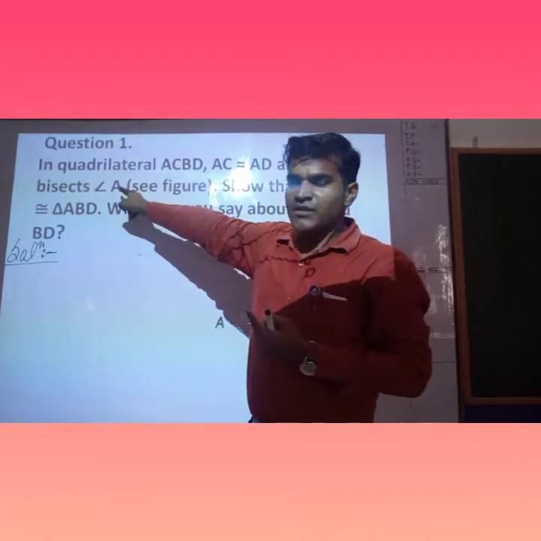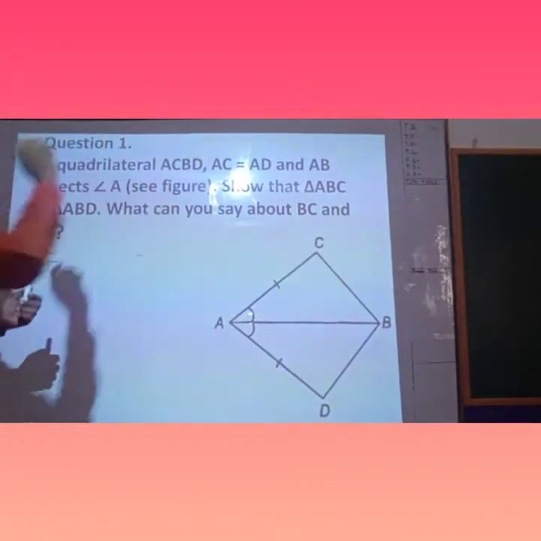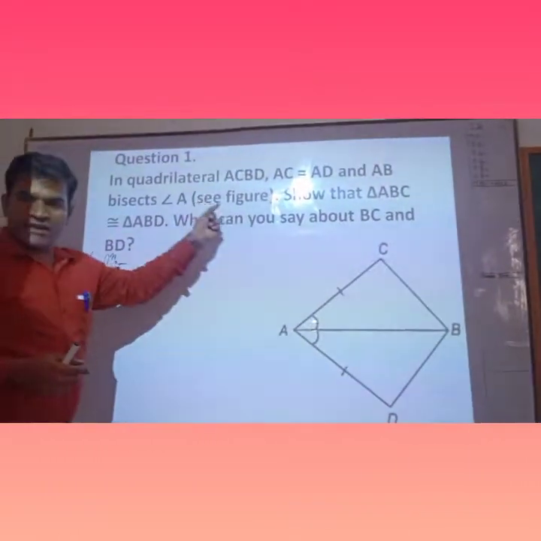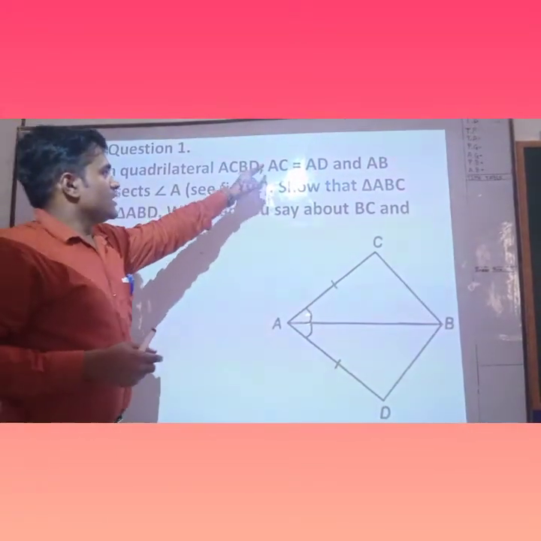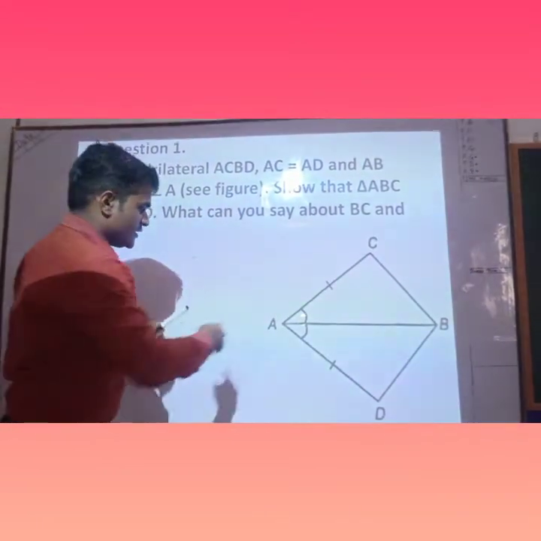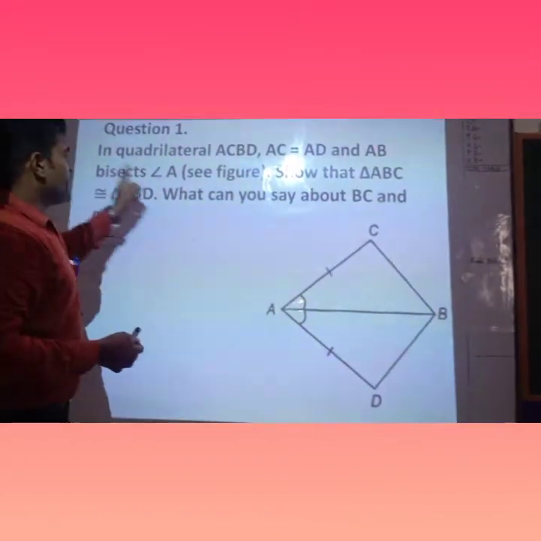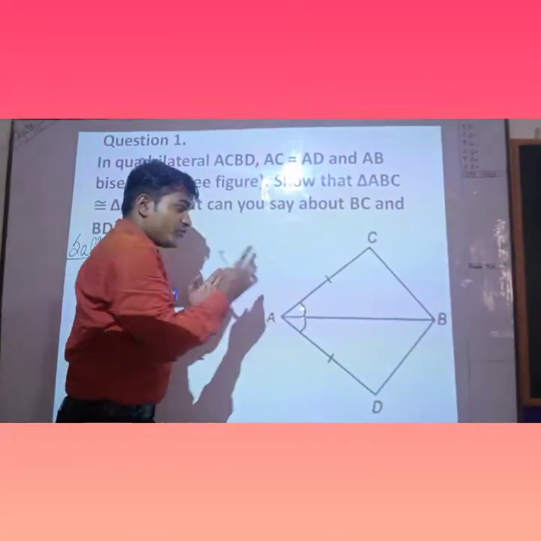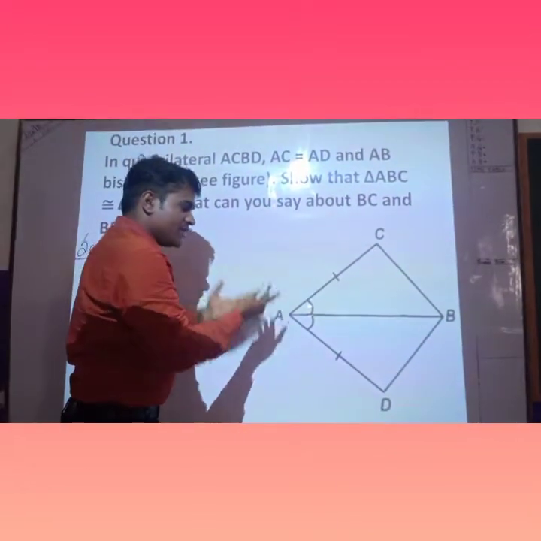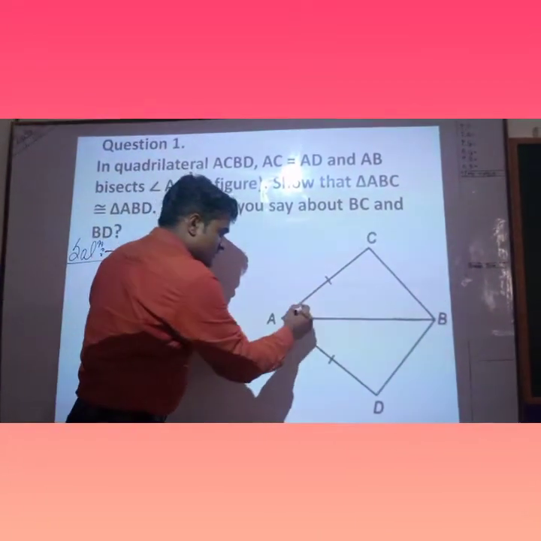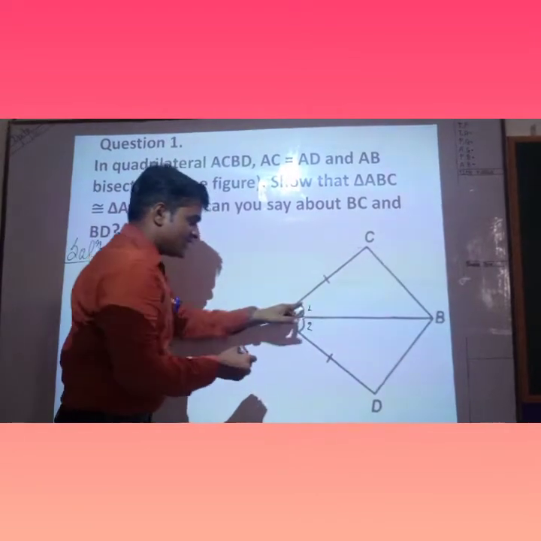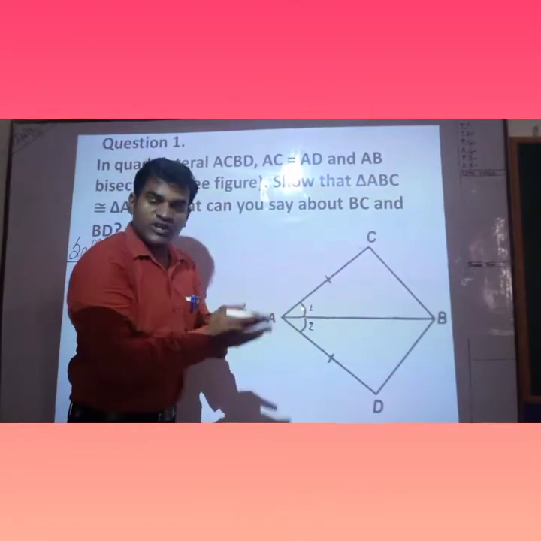Question number 1 is given in a quadrilateral. In quadrilateral ABCD, AC is equal to AD, and AB bisects angle A. If AB bisects angle A, it means angle 1 and angle 2 are both equal.